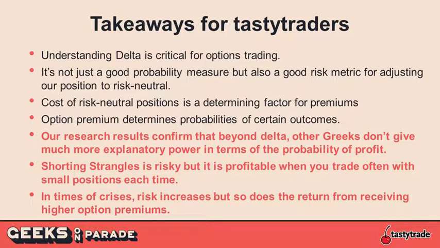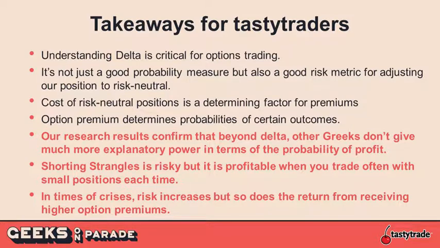The option premium determines the probability of the outcomes, not the other way around. Right? So we get it wrong because we think here's an option pricing model and the option pricing model actually prices the option. But no, the market maker prices the option and we use a model to explain what the resulting volatility would be. Okay?